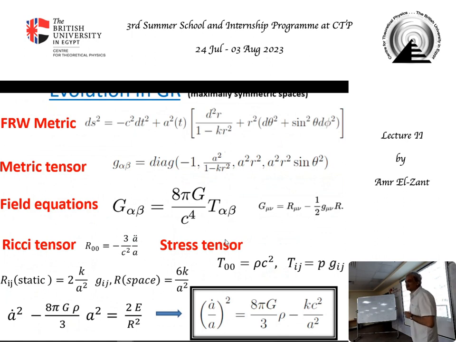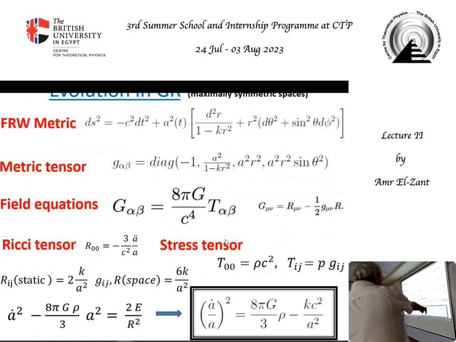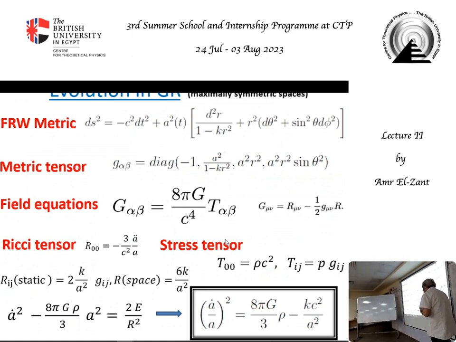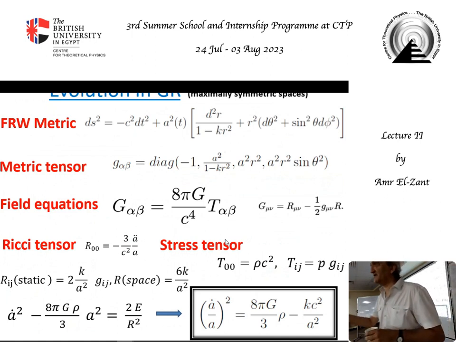Our E over R squared of the Newtonian is really connected to the time the light takes to cross the radius of curvature of the universe. Because this is 1 over r squared times a squared, the radius of curvature of the universe, and this is c squared. So this is the inverse squared of the time the light takes to cross the radius of curvature of a curved universe.